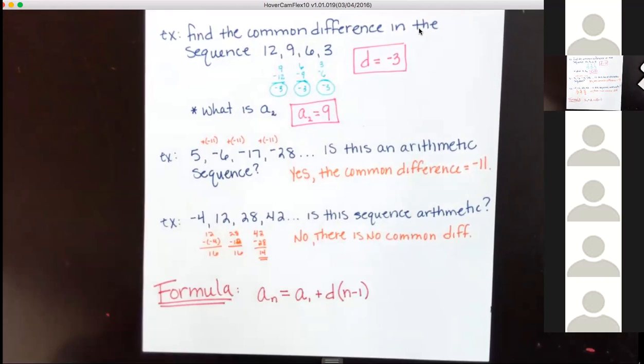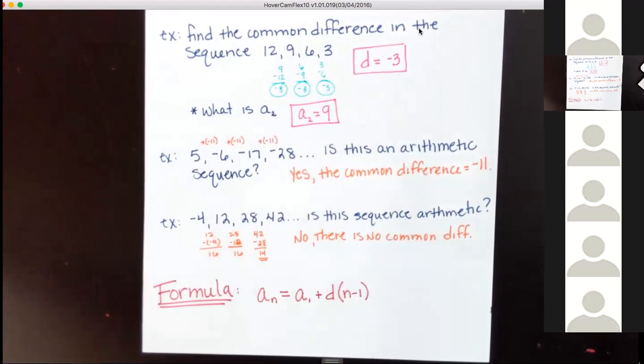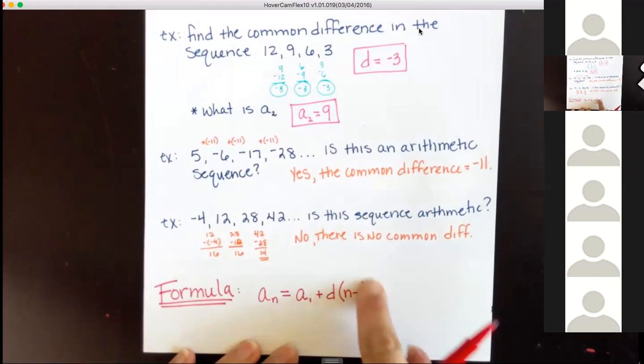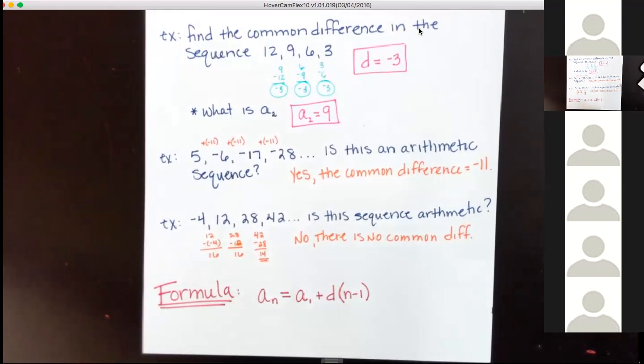We've seen that n minus 1 show up before, even in geometry, when we were talking about the sum of the angle measures in a triangle. We have to account for, if we already have one position, what it's going to be for any other position.